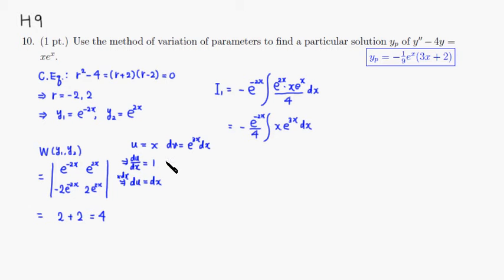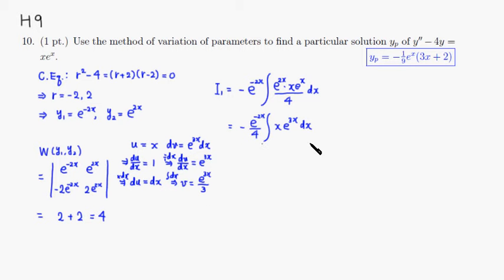Dividing through by dx, dv over dx is e to the 3x. We can take the antiderivative to find v, so v is e to the 3x over 3.